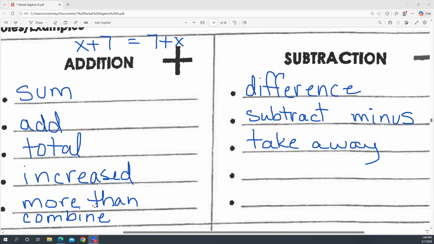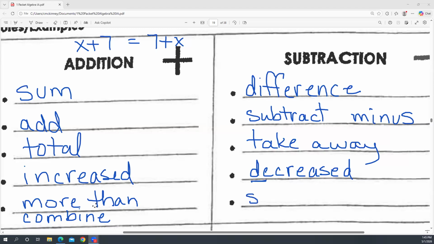And then similar to on the left for add, we had increased. We might also have decreased. Or we could hear the word decline. Decreased is much more common, but that prefix DE tells me something is going down.